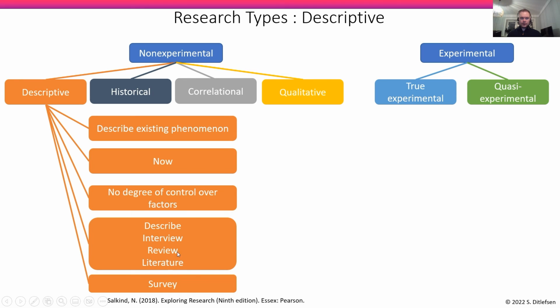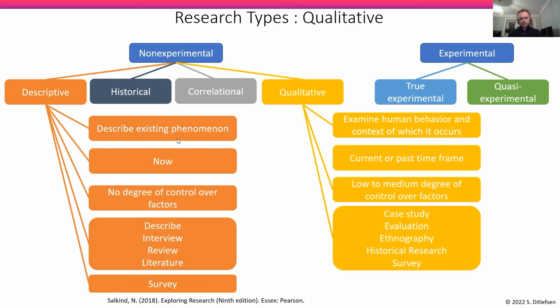Describe, interview, review, literature, and survey. Qualitative is current or past time. So descriptive describes a phenomenon, while qualitative examines human behaviors and the context in which they occur. Descriptive is now, qualitative is now or past.